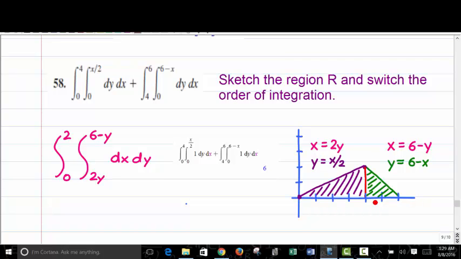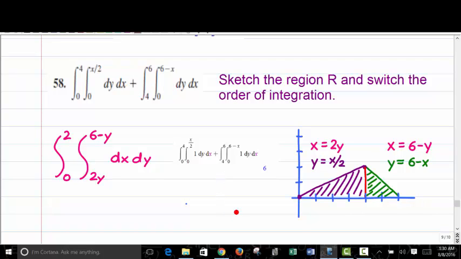This isn't the same issue, but anytime your upper function changes, it's going to require more than one double integral. And I'm not going to do one with more than two double integrals, but theoretically, I guess it could be. So you see that the upper function is this purple line right here, and then right there at the dot, the upper function changes. So it's two different uppers. So you've got to go lower to upper, and then where it splits off where I drew the red line, you've got another lower to upper. That's what's representing both of these.